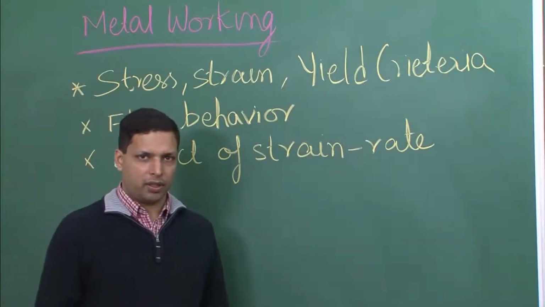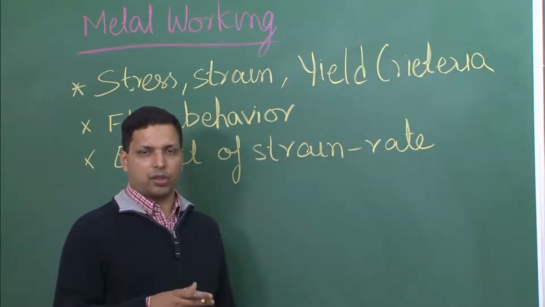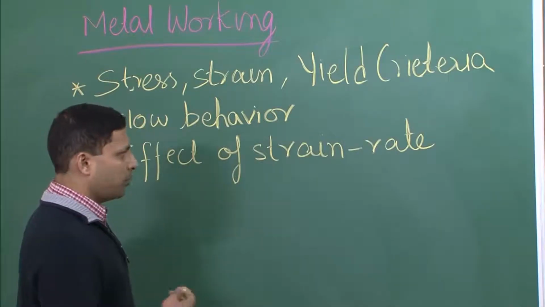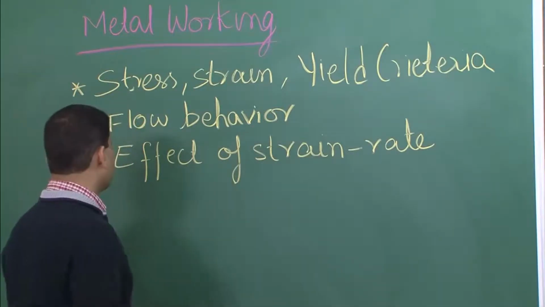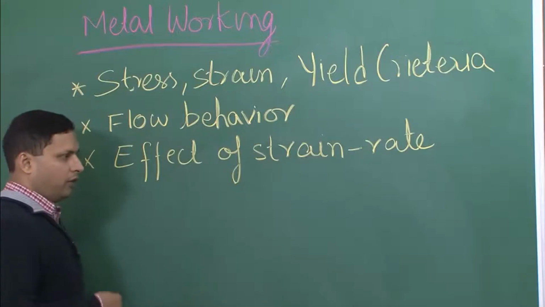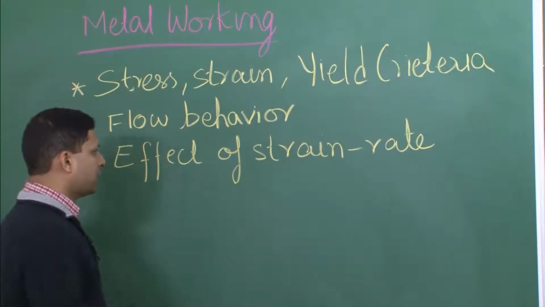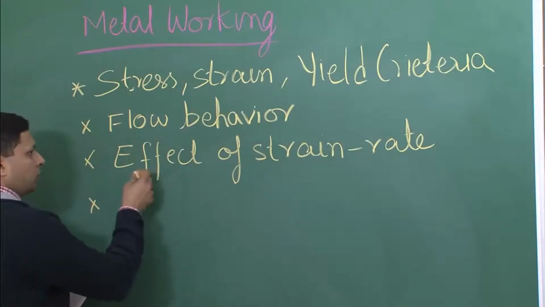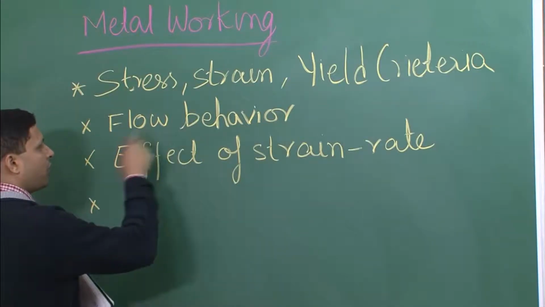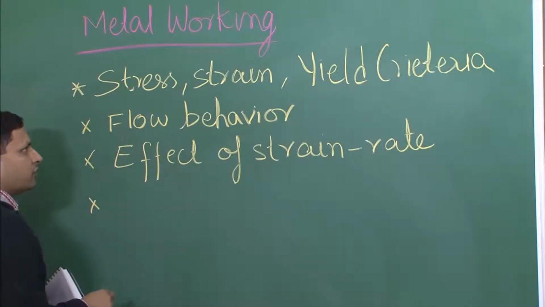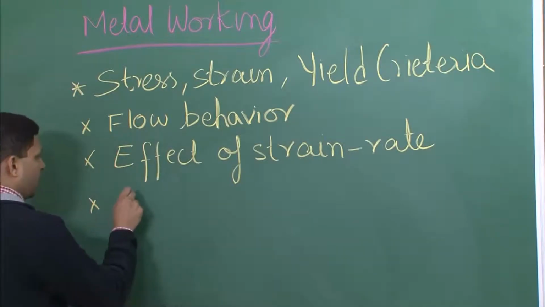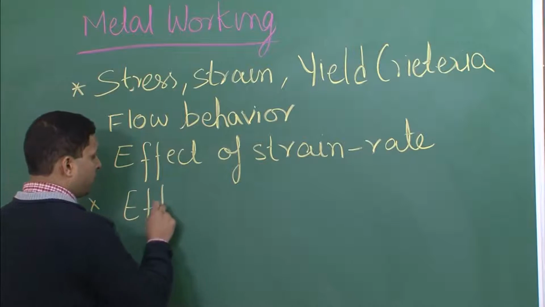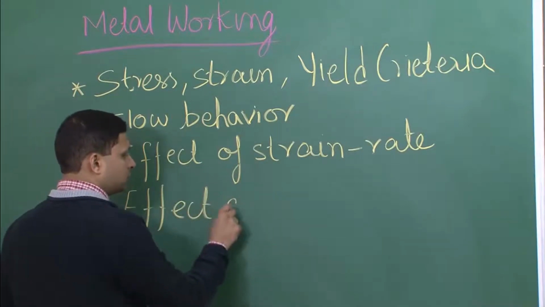These are the input parameters that you impose during the deformation processes, and therefore the effect of the individual parameters and their combined effect are all important to understand. So, once we have the effect of strain rate, we will also understand the combined effect of strain and strain rate. Then we will understand the effect of temperature and the combined effect of all three.